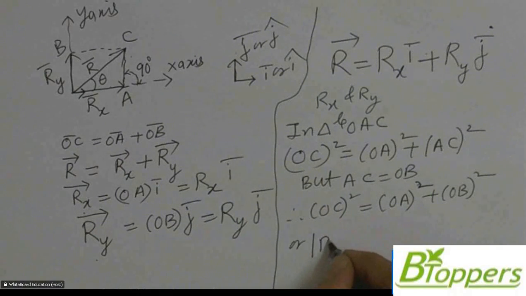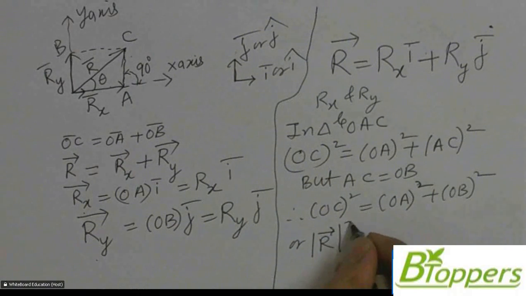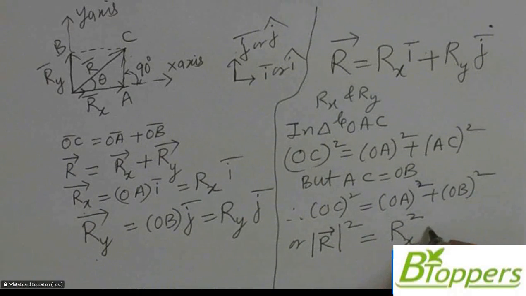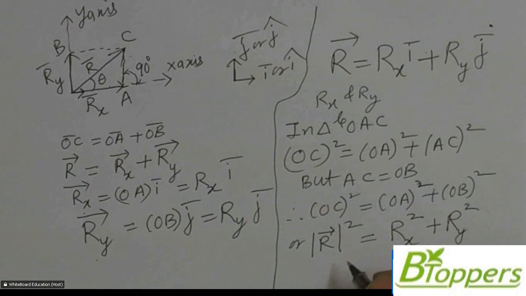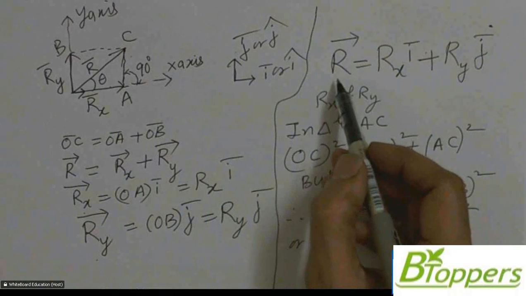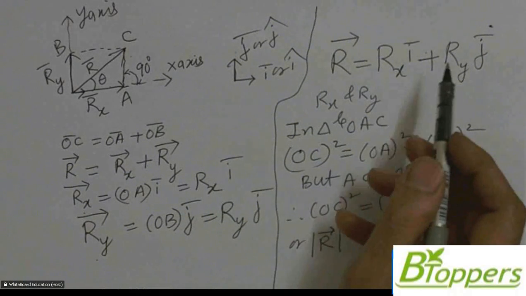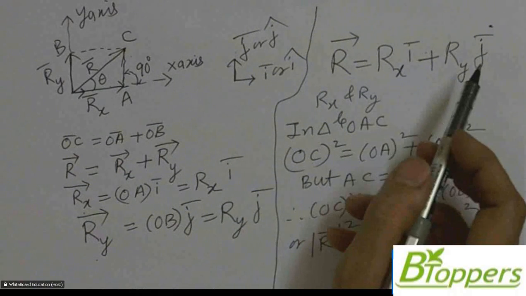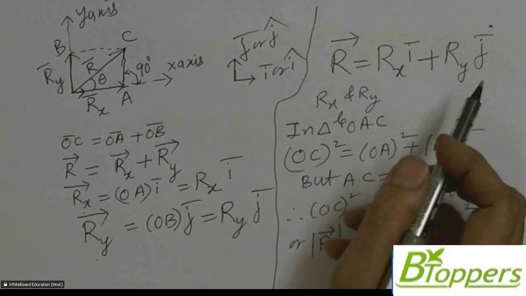Therefore, the square of the magnitude of vector R bar is equal to the square of the magnitude of the x component plus the square of the magnitude of the y component. So in general, a vector R bar which lies in the xy plane in 2 dimensions can be written as R bar equal to Rx I bar plus Ry J bar, where I bar is the unit vector along positive x direction, J bar is the unit vector along positive y direction.